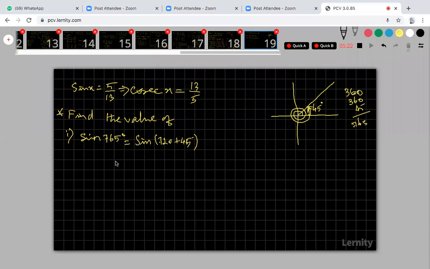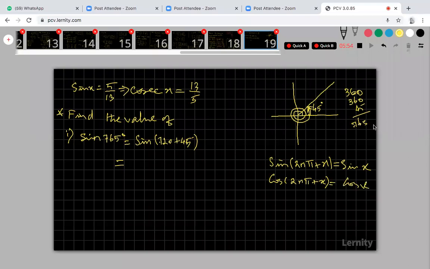Sin of 720 plus 45. We know, I have already told you, that sine of 2n pi plus x is sin x. Please note that. Similarly, cos of 2n pi plus x is also cos x.